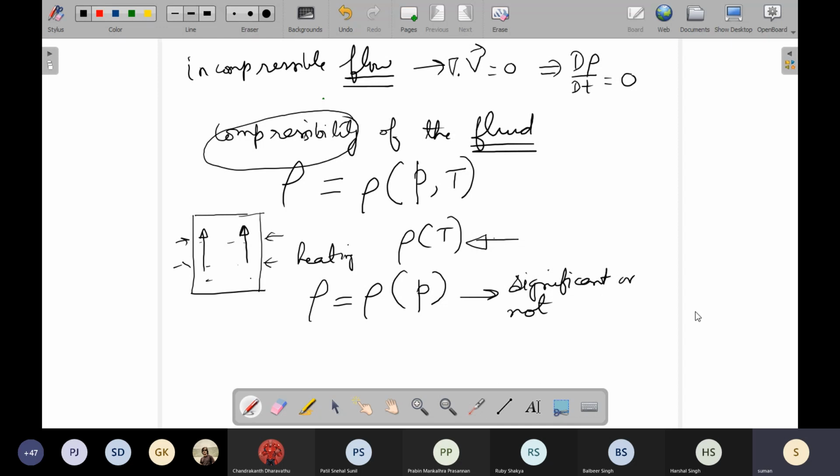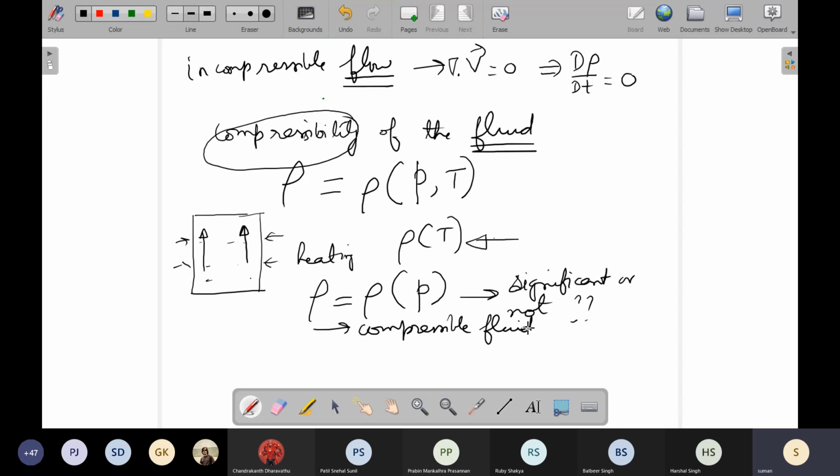The question is whether the variation of density with pressure is significant or negligible. If it is significant, we would normally term it a compressible fluid, not compressible flow. So it's just two different angles, but there is a connectivity.